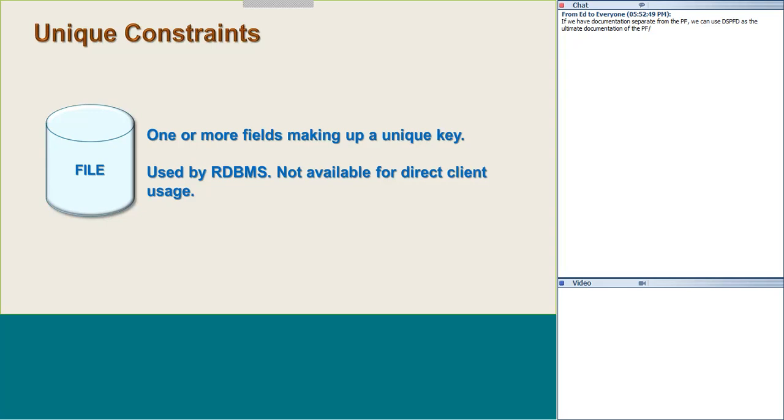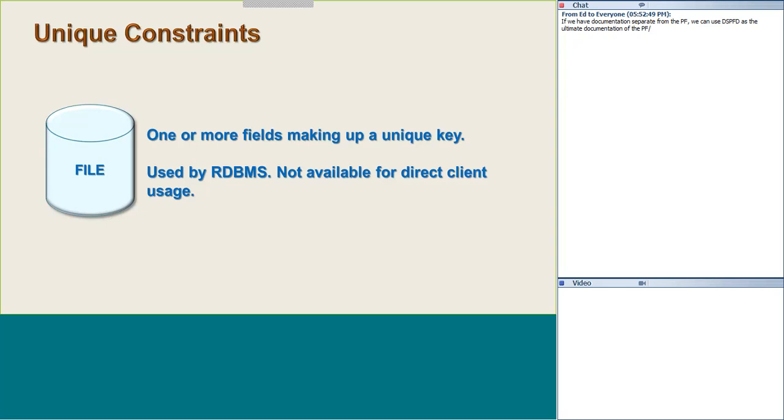This unique constraint cannot be used by RPG to process the file in a sequence other than the primary key. Remember, I'm talking about physical files here.